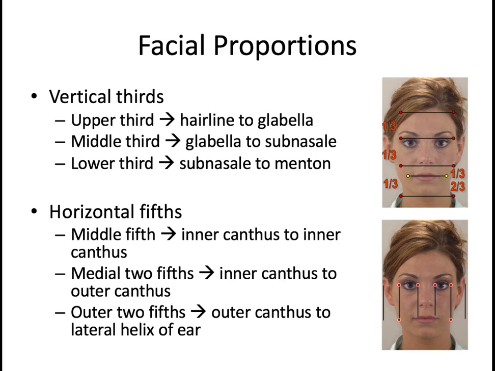Now, the measurement of the upper face can often be difficult due to variability in the hairline. But the good news is we can't change this dimension as orthodontists anyway, so that's probably the least important of the three. The most important is, of course, this lower third.